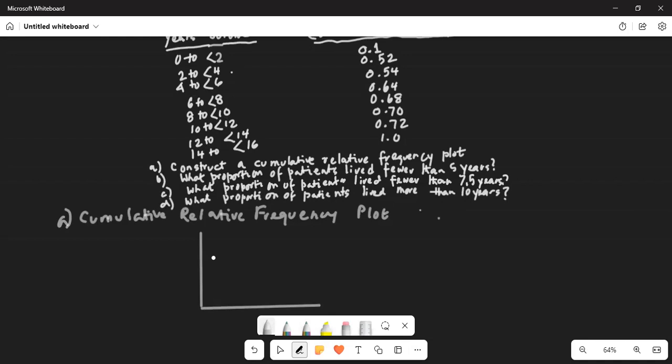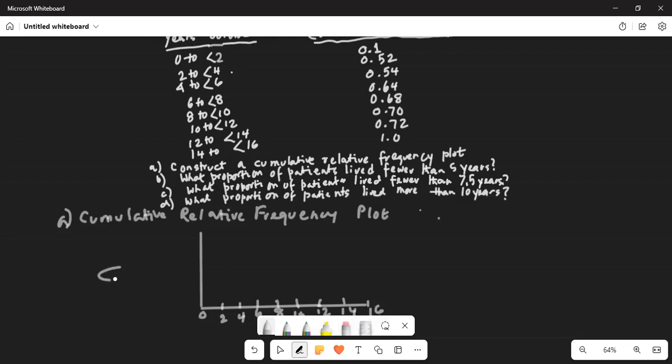So let's do the groups on the horizontal axis. So 0 to 2, 2 to 4, 4 to 6, 6 to 8, 8 to 10, 10 to 12, and then I have 14, and I have 16 on the horizontal axis.